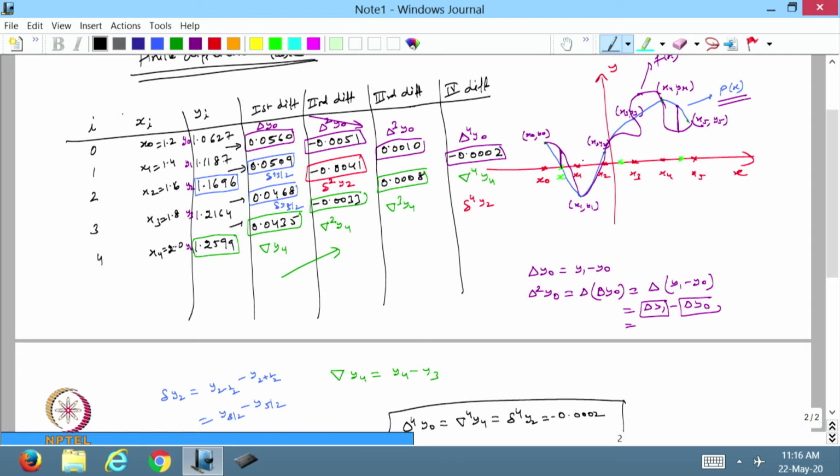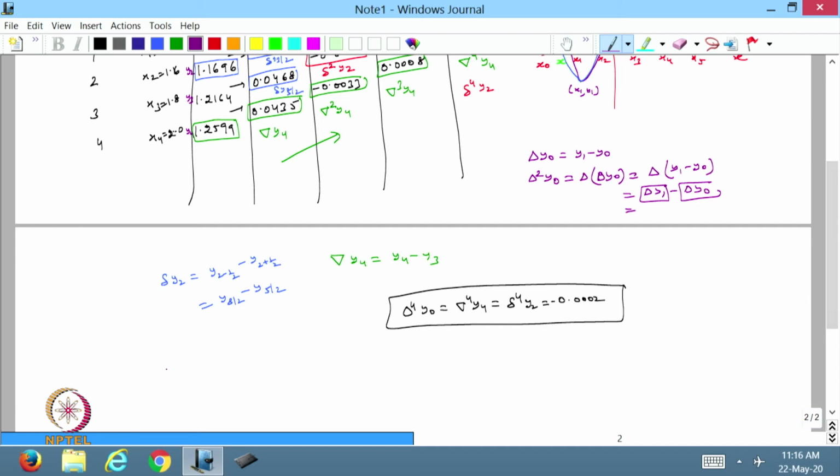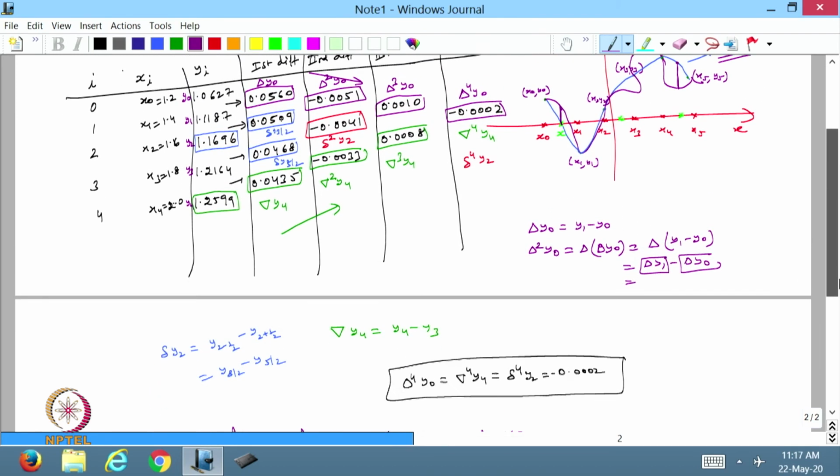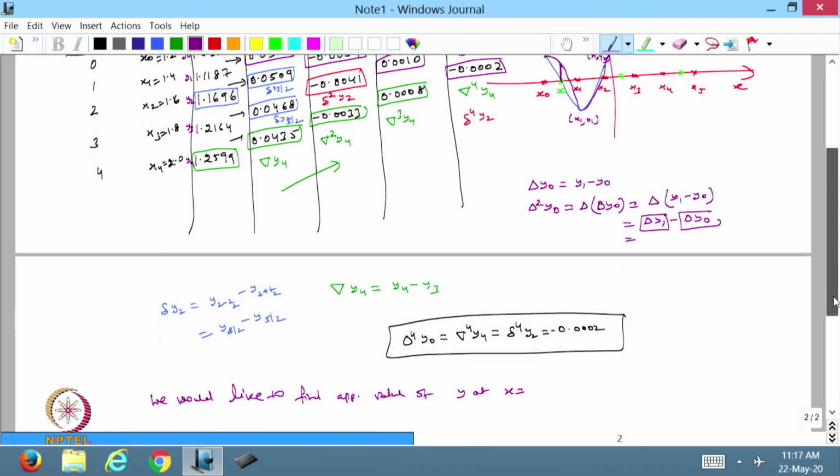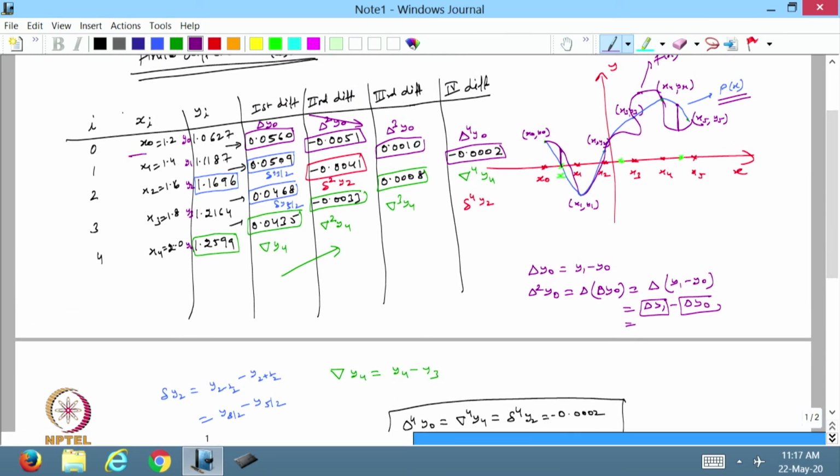So, in this case, suppose based on these values I want to find the approximate value of y at x equal to, say, 1.3. So, I want to find the value in between: if I put x equal to 1.3, what will be the value of y.